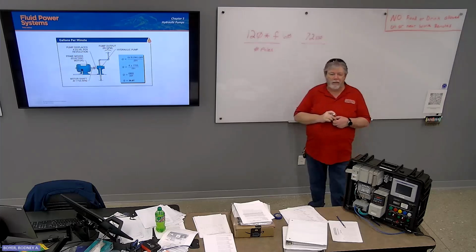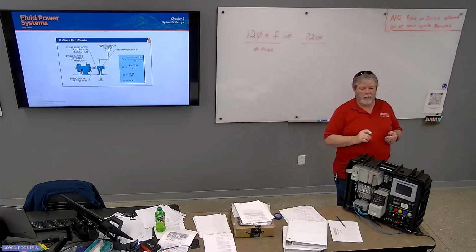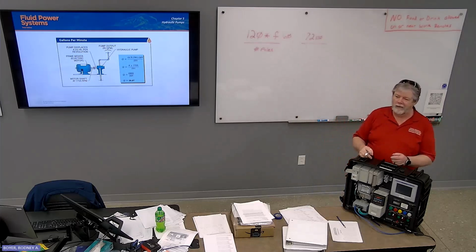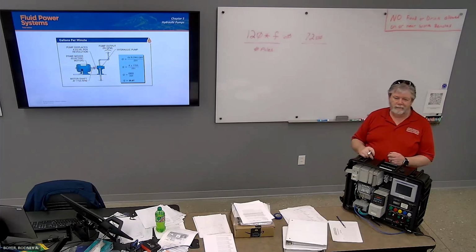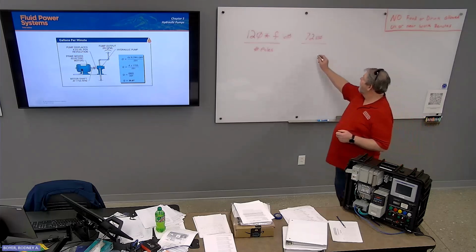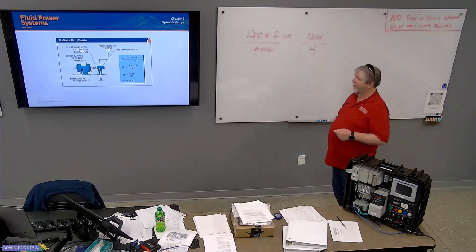So how many poles do you have to have in order to get 1,800 RPM output? 6. Yeah, 6. For 1,800 RPM output? Oh wait, I'm doing 1,200, my bad. Sorry. 4. I was close.